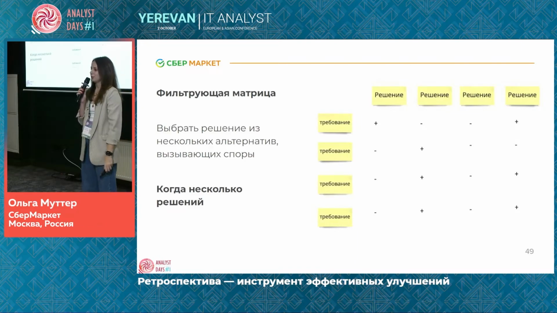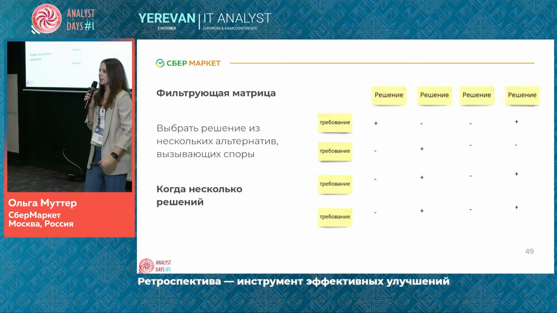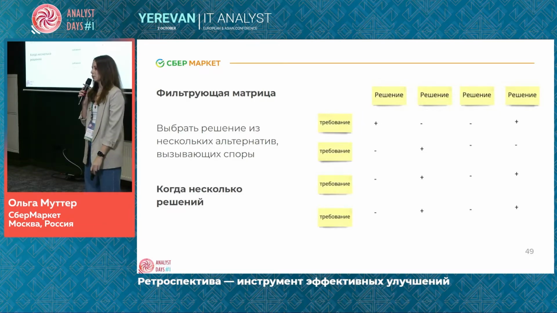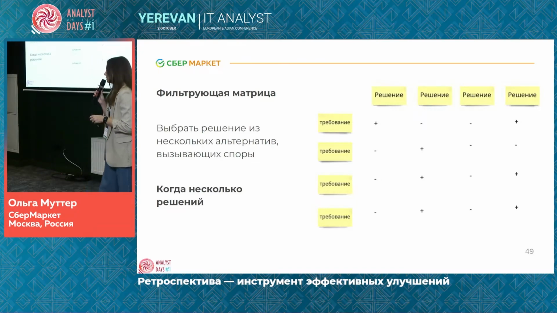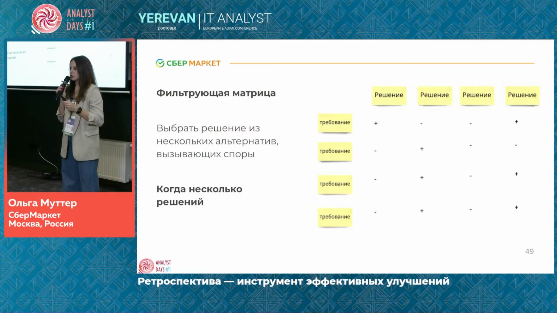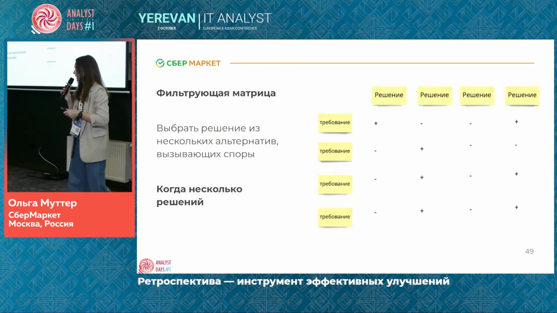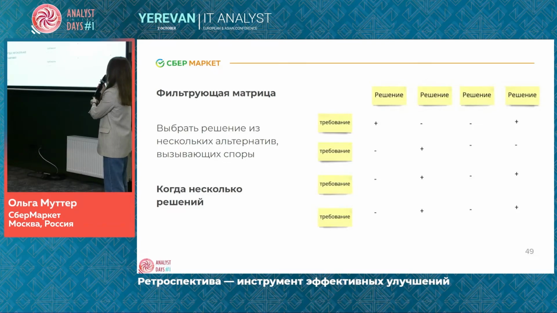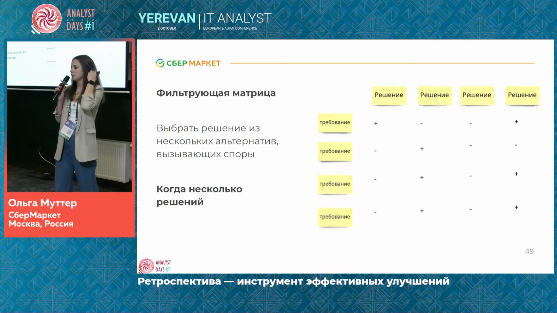There's a filtering matrix. When you have one problem and several solutions offered by your team, the solutions are contradictory, you are not able to implement them all together, so you identify criteria and requirements like complexity, benefits, number of resources to be pulled, and then each solution is checked against these requirements.